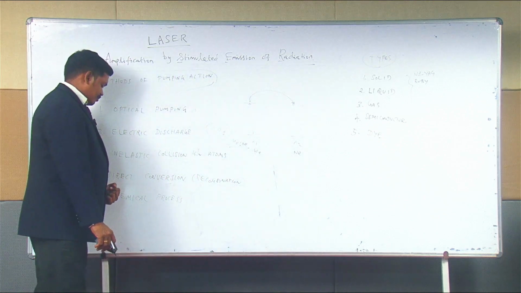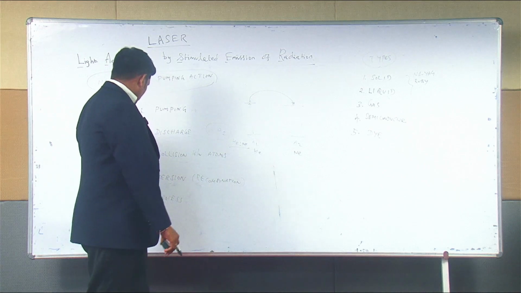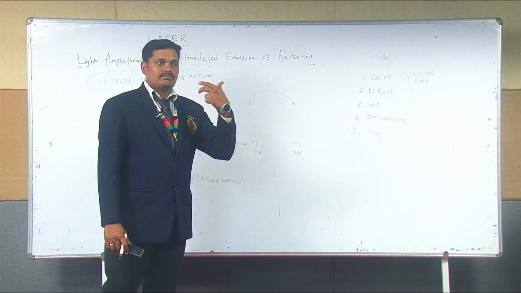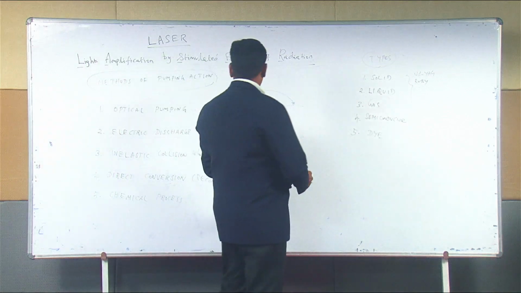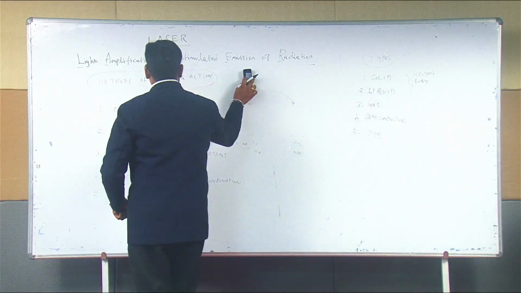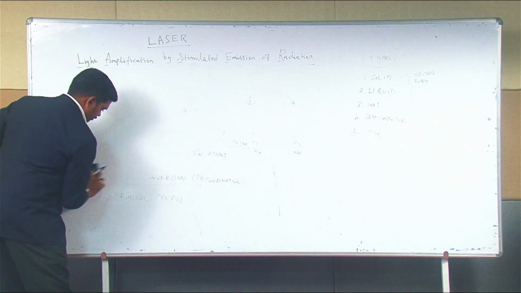Inelastic collision between the atoms means two different atoms go to excited state and undergo a collision. Direct conversion is the recombination process, and in the chemical process, there will be some chemical reaction, especially in the dye lasers. So these are the methods of pumping action for any laser action.